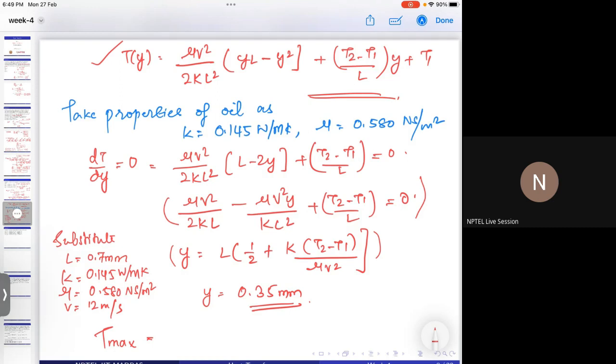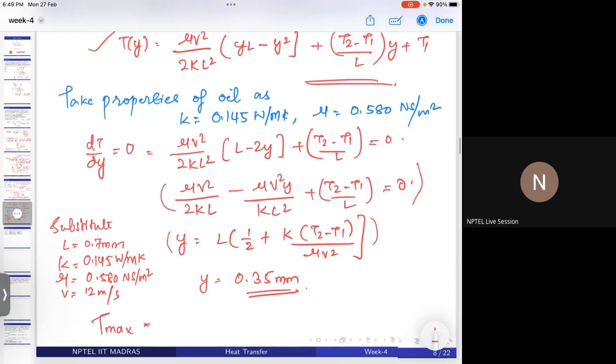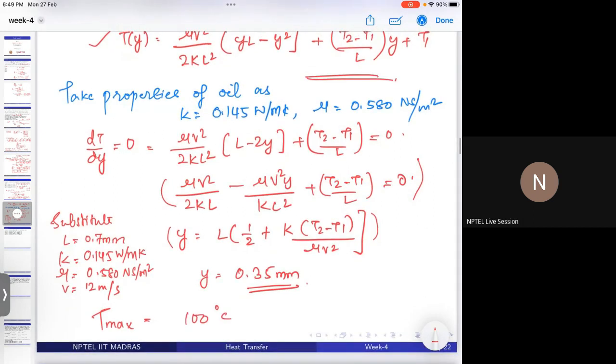Okay, so you can check if it is somewhat near to 100 degrees Celsius.